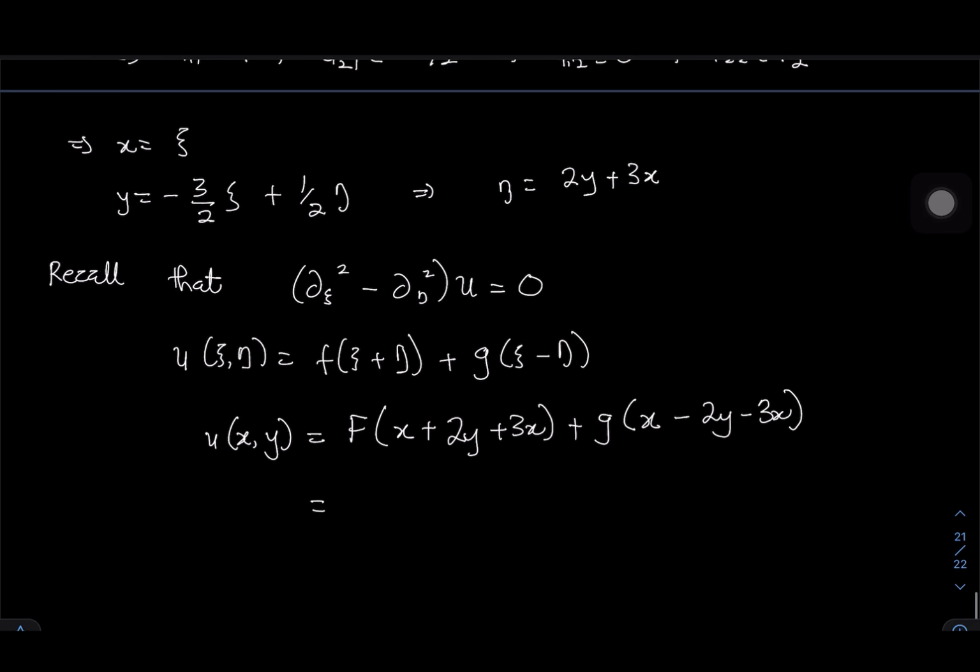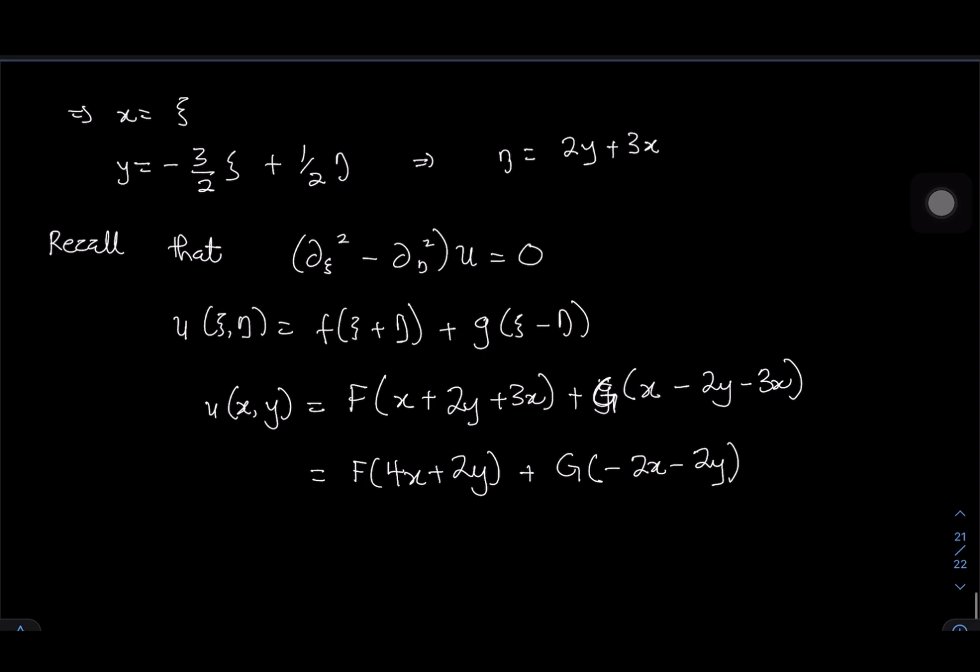And this is going to be a function of 4x plus 2y, plus, oh, this is supposed to be a capital G of minus 2x minus 2y.